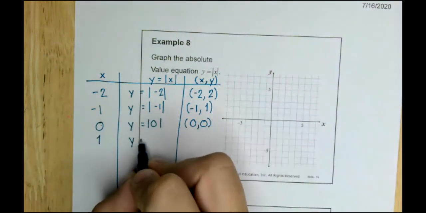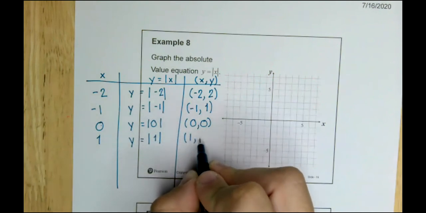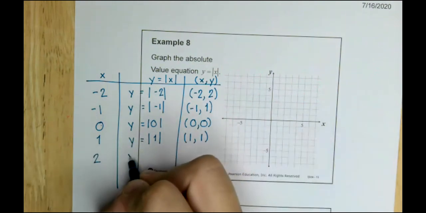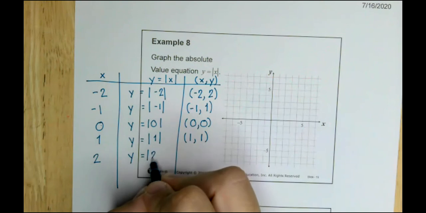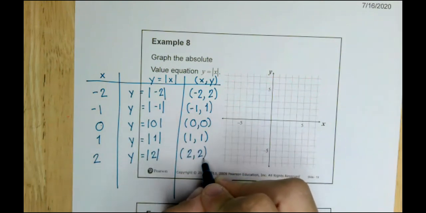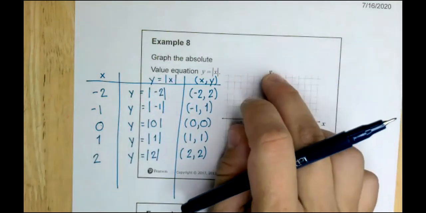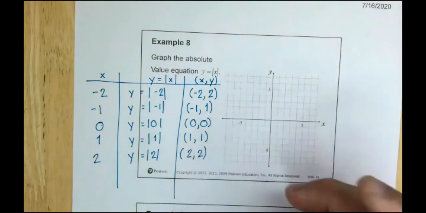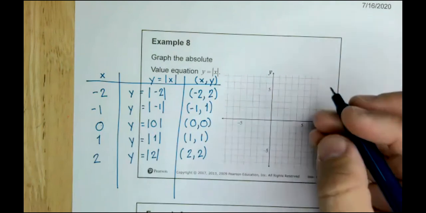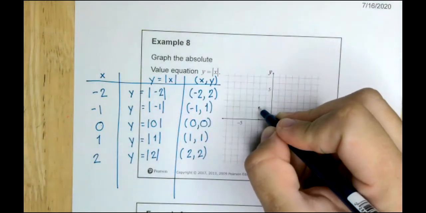1, y is the absolute value of 1. The absolute value of 1 is 1. Absolute value of 2 is 2. Okay, and remember, you can use any point you want. This graph only goes to positive and negative 7 for x and y, so it's easy to use small numbers. All right, x negative 2, y positive 2.